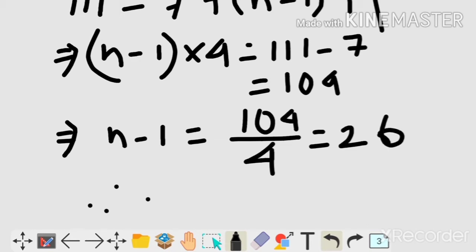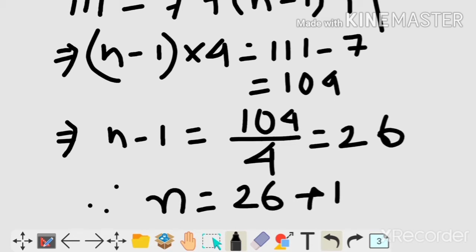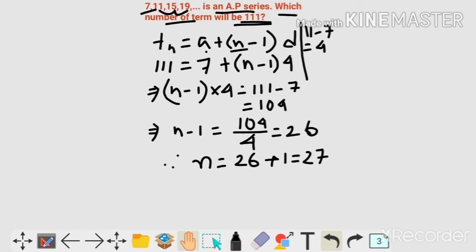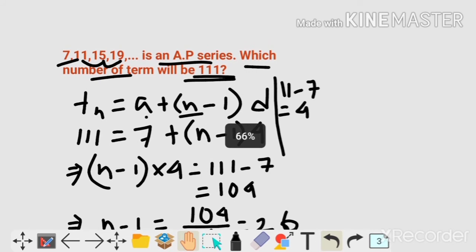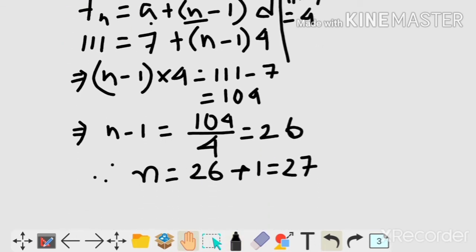So here n will be 26 plus 1, which equals 27. So that means 111 is the 27th term of this series. So this is the answer of this question. Here 27 is the answer.